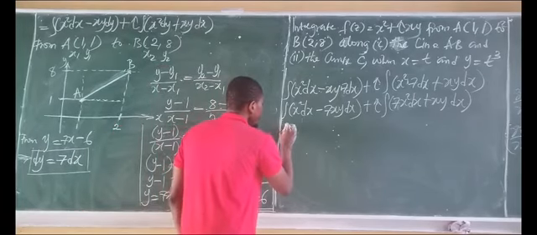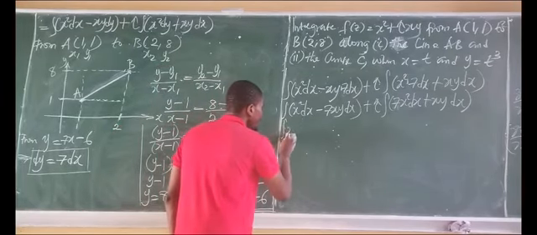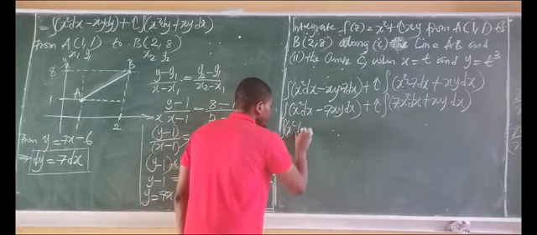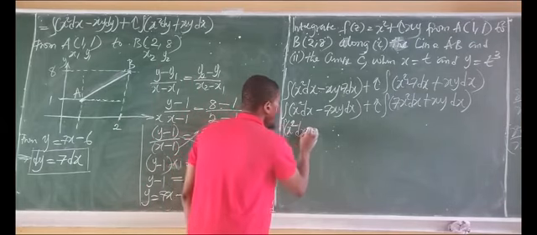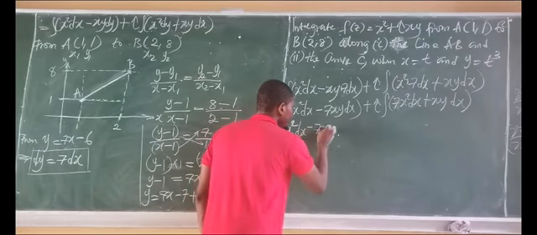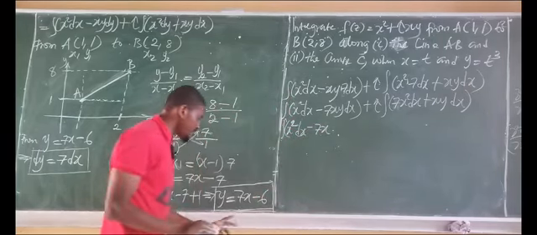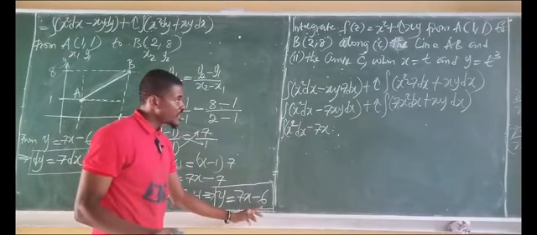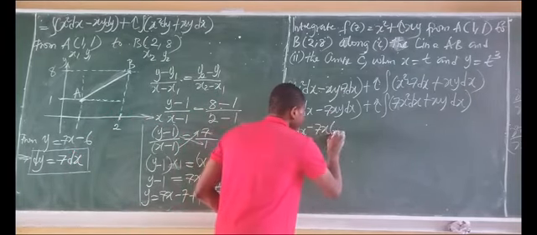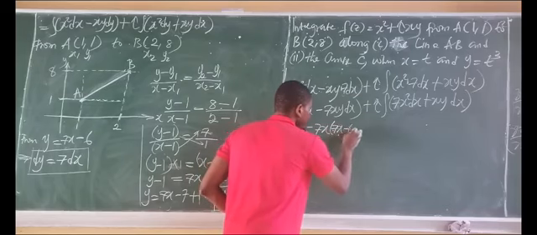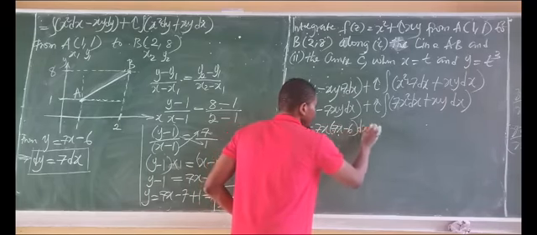Okay, so you now have integral of x squared dx minus 7xy, but y remains 7x minus 6. So this becomes 7x times 7x minus 6 dx.